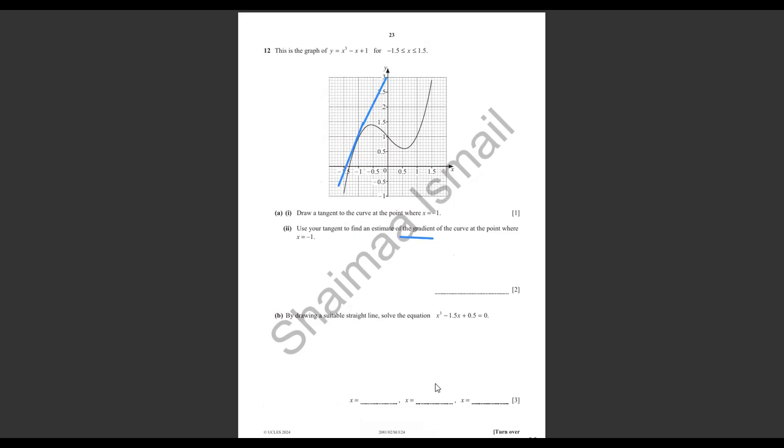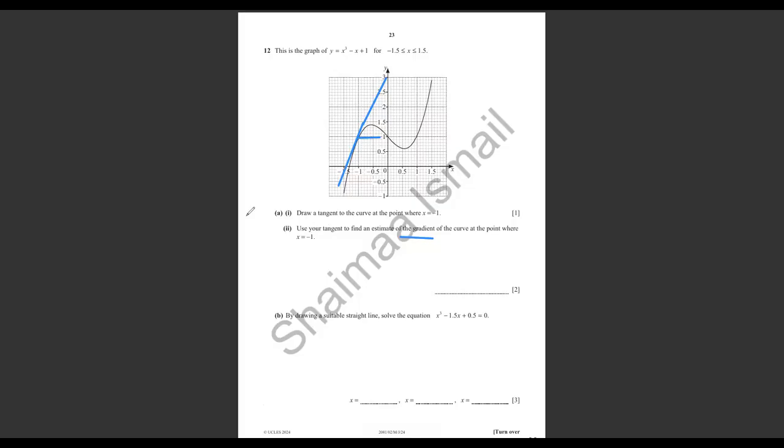I prefer the clearest, the one that you see. They already gave you here negative 1 and 1. So we're going to take this. And here we take the 0 and the negative 1.4. So it will be negative 1.4 for the y, 0 for the x, and negative 1 and 1 here.